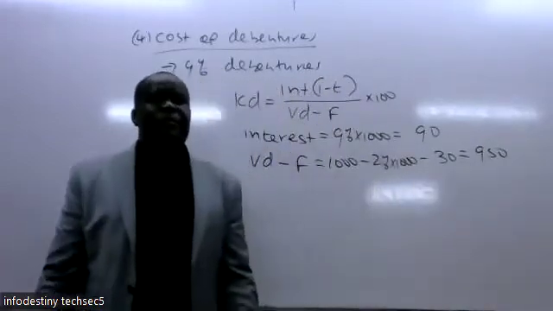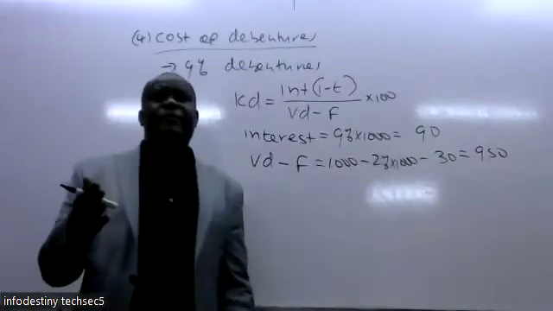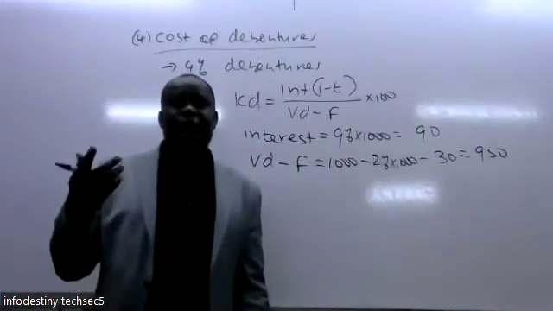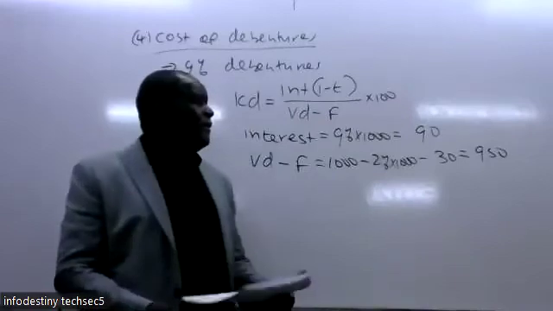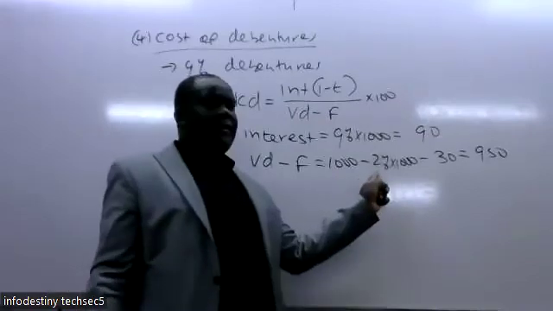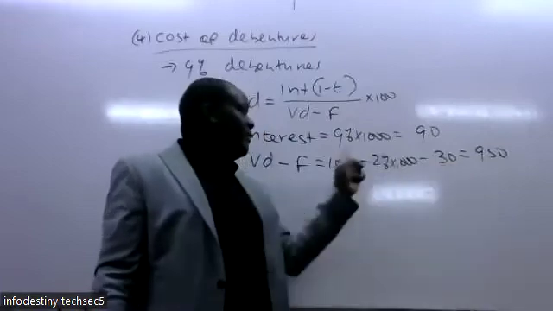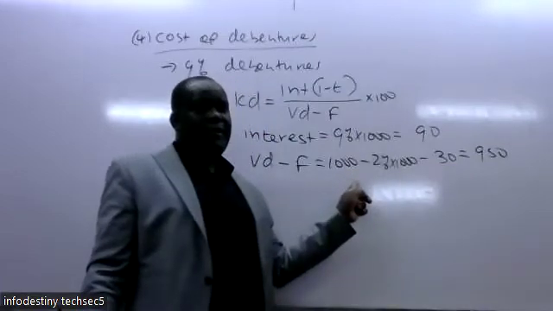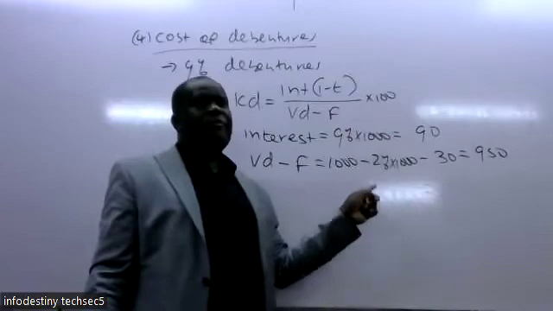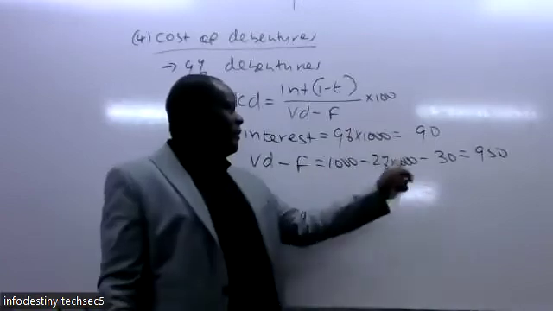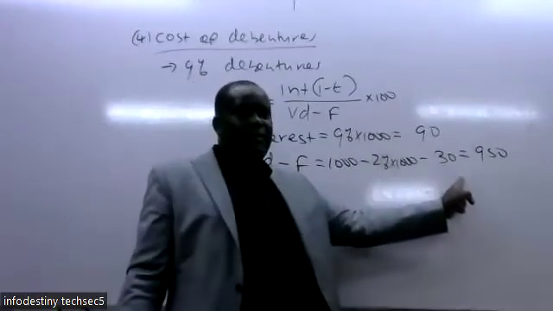950. But you could have done it another way. They had said it was issued at a net proceed of 95%. The discount is 2%, and the flotation cost, when you divide by 1,000 and express it as a percentage, is 3%.